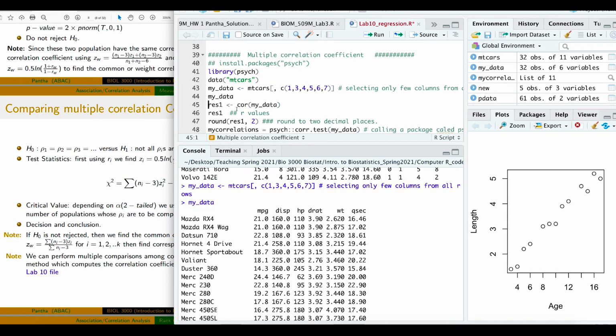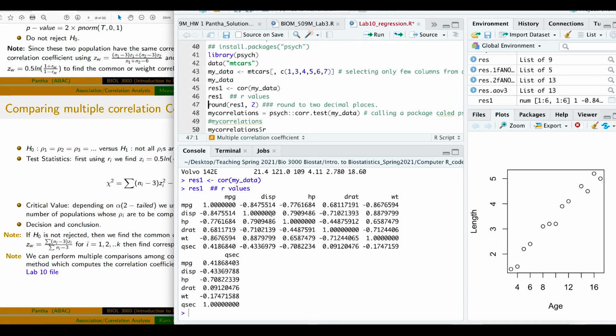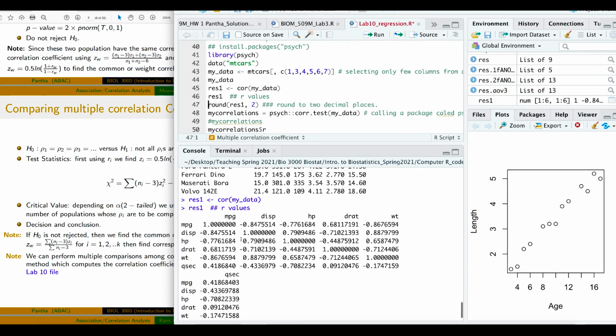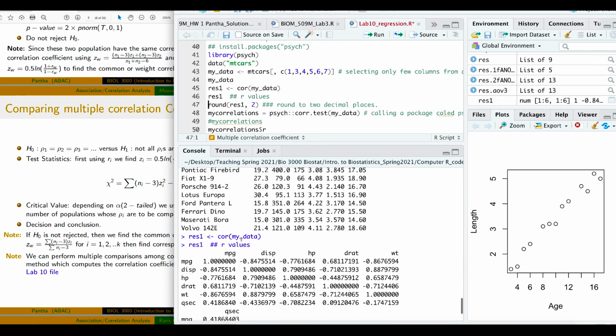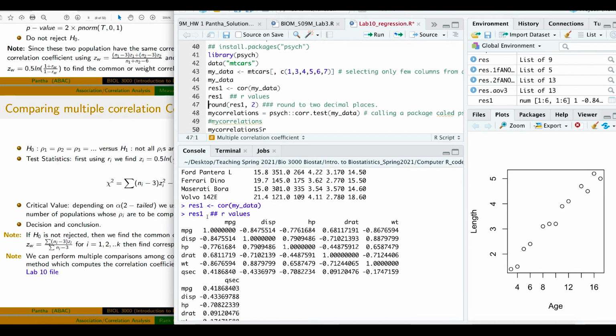Now result 1 equals the correlation of my data. Let us look at that. It found the correlation between all these columns. What is the correlation between MPG and displacement, MPG and HP, MPG and DRAT, MPG and WT? How do I read this? MPG and MPG correlation coefficient is 1. MPG and displacement is negative 0.84.